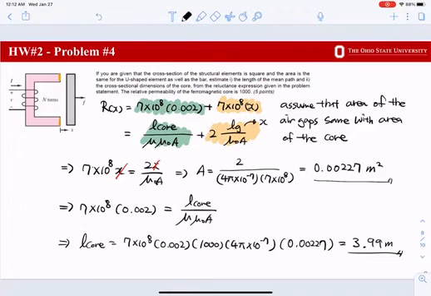So this is the length of the mean path of the core.